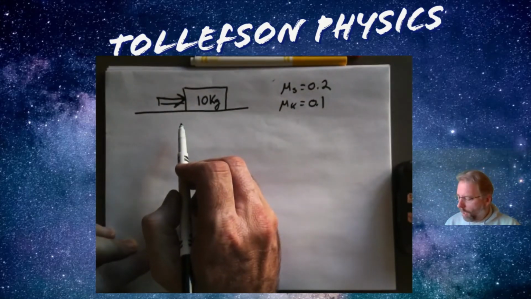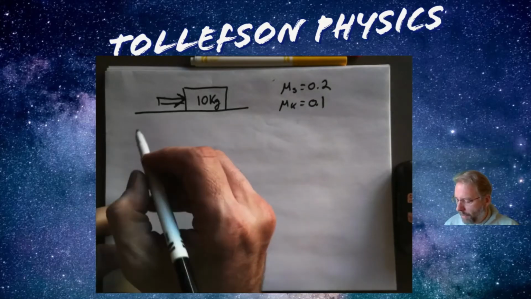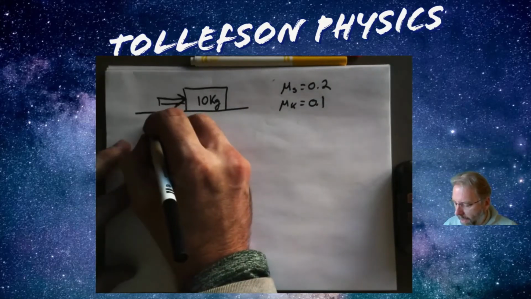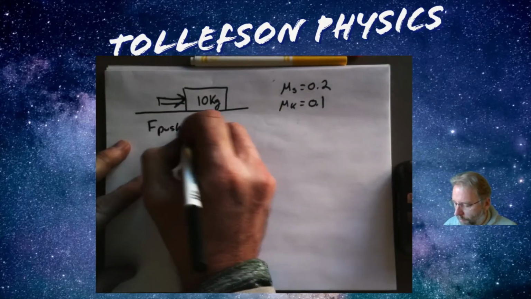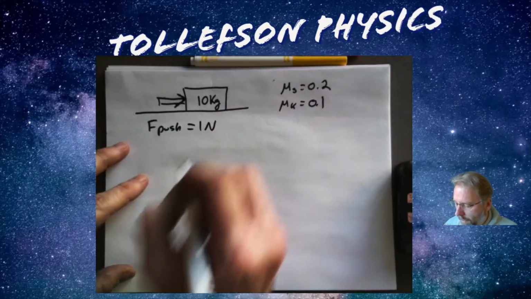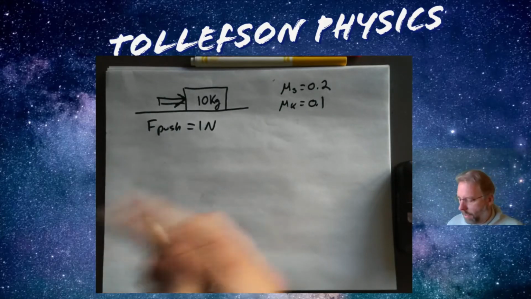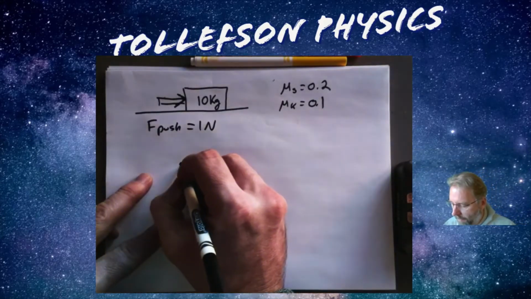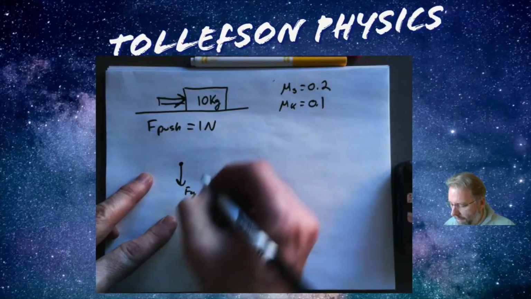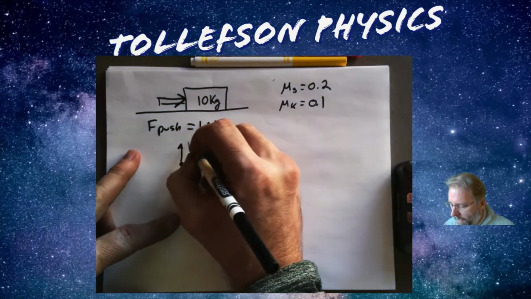We're going to start off really simply, where we apply a push force of 1 Newton. When we apply 1 Newton of force, this thing's not going to move, right? If we think about a force diagram, we've got the force due to gravity, and we've got the normal force.